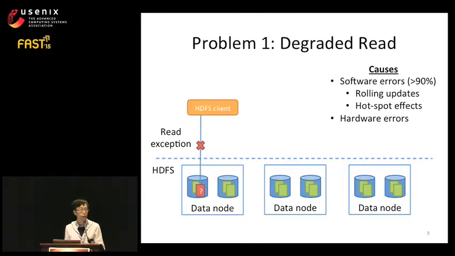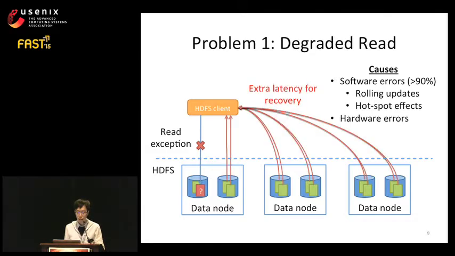Some hardware failures and errors will also cause degraded reads. When you get a read exception, you need to fetch other blocks from other data nodes across the network to recover that unavailable block. This for sure incurs extra latency for the read request.